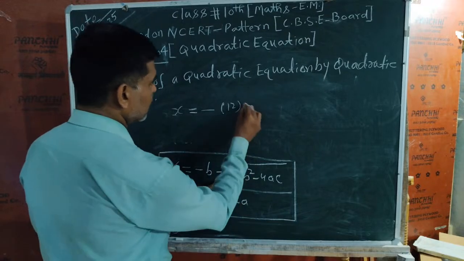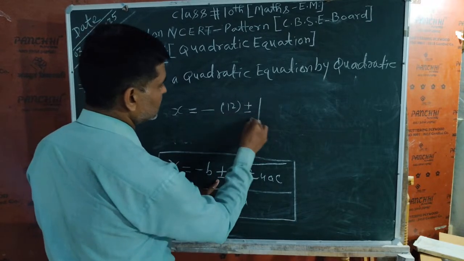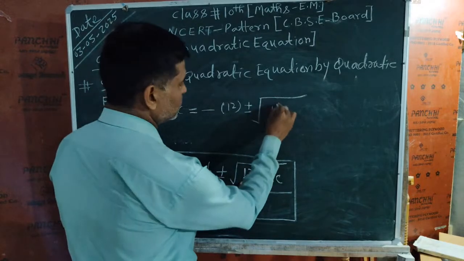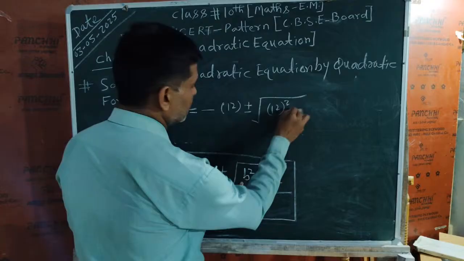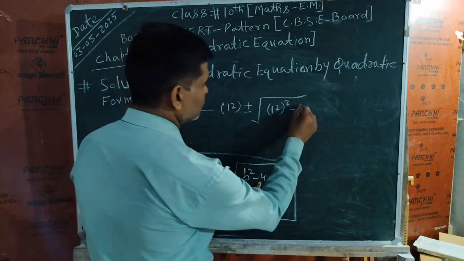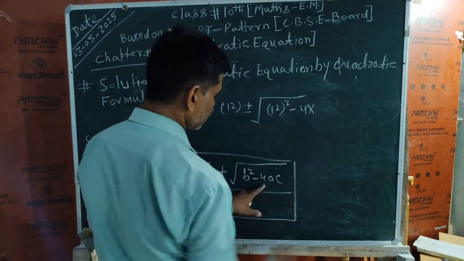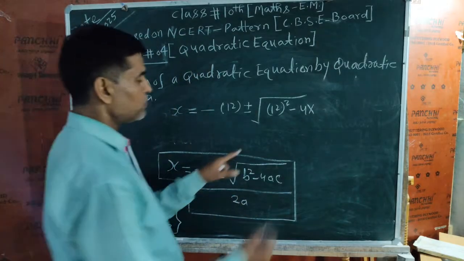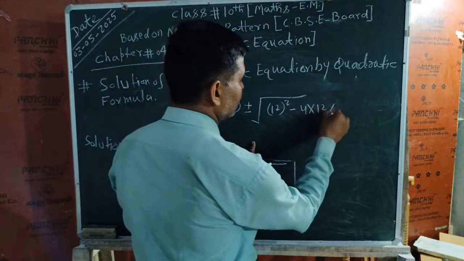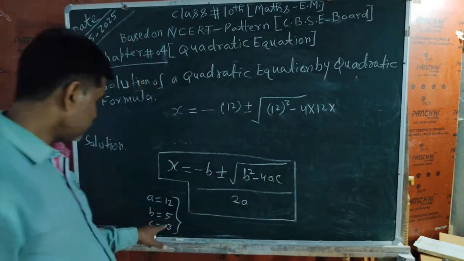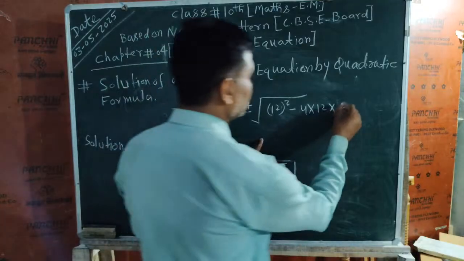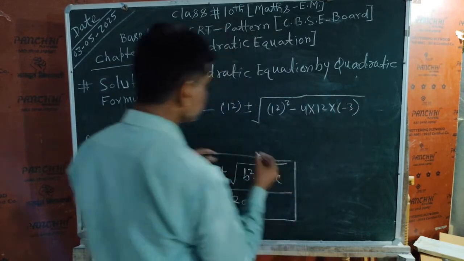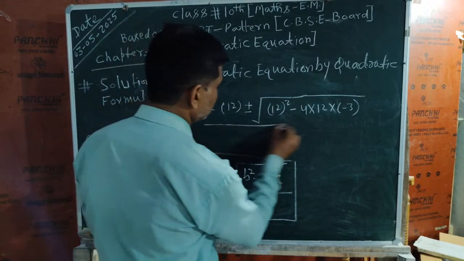Now plus minus sign is available, so I will put plus minus, and in the place of b I will write 12 square, and then minus is available in the formula, so I will put minus, and 4 is also in the formula, and the value of a is 12, and then I will put the value of c which is given here, minus 3, and then this is divided by 2a.